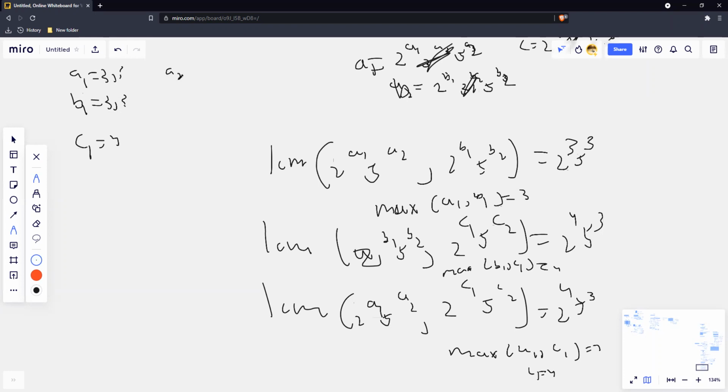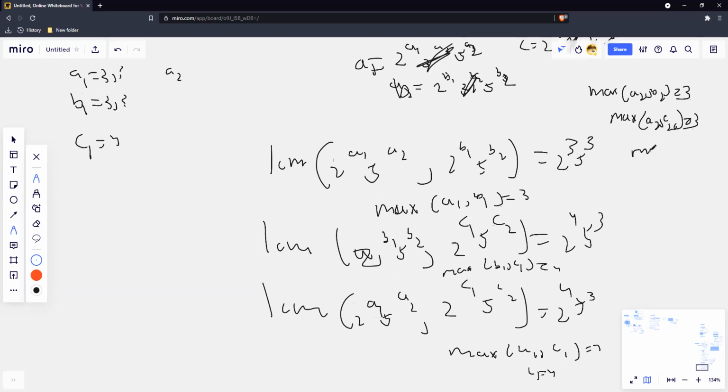Let's do 5s now. And at 5s, well, these are all 3s. These are all 3s, right? And then let's think about it. We know that all of these must be less than or equal to 3, right? But it's either here, max of A2 or B2, maximum of A2 comma C2 is also equal to 3.